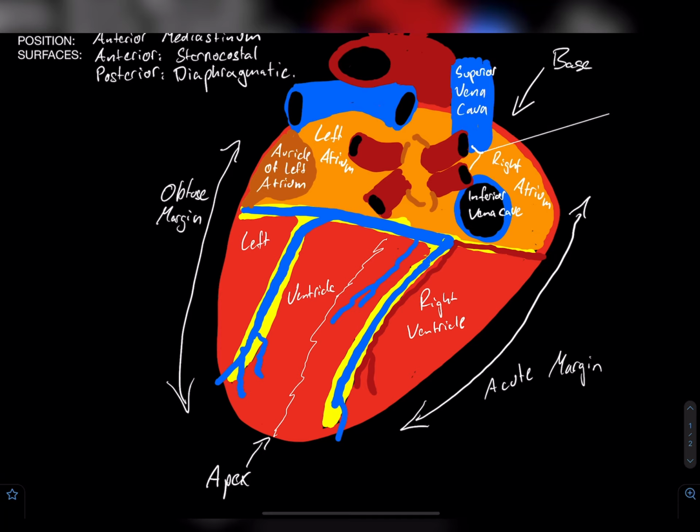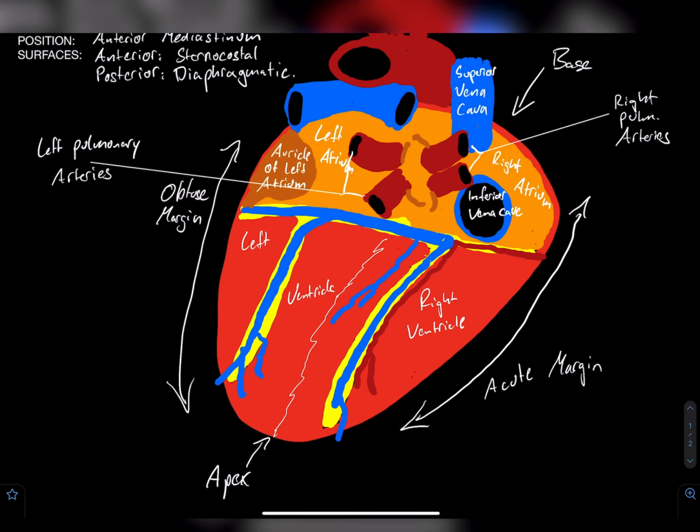Here we have the right pulmonary arteries. Here we have the left pulmonary arteries. Here we have the pulmonary trunk. With the corresponding right pulmonary vein.